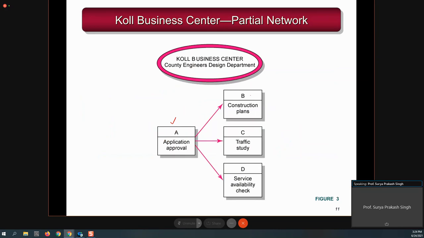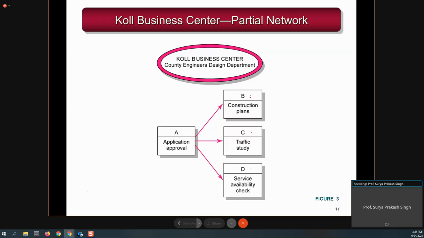So you can write B, C, D. This is where you are saying that B, C, and D can only be started once A is over, and the connection between A and B is shown using this arrow. That is the meaning of the arrow. Same thing you can see for C and D.